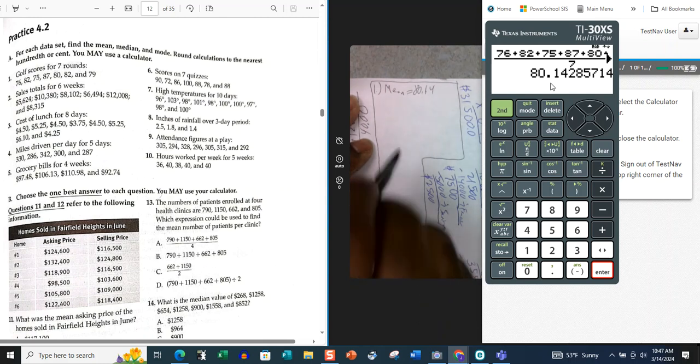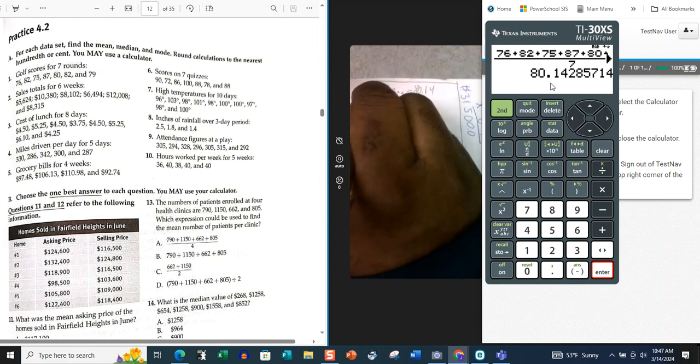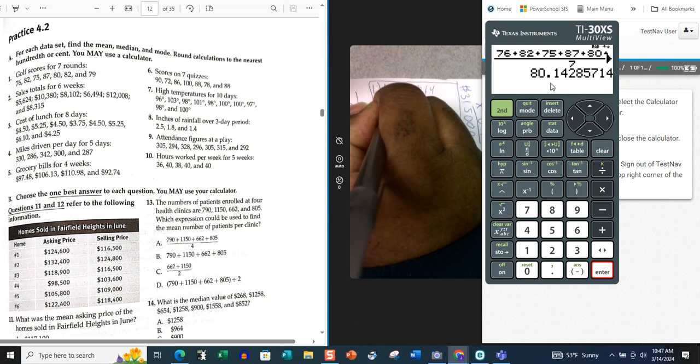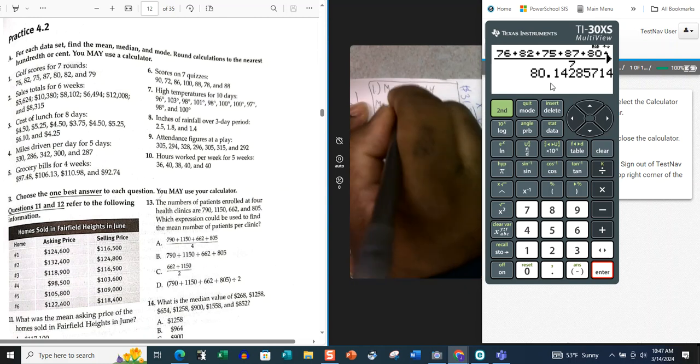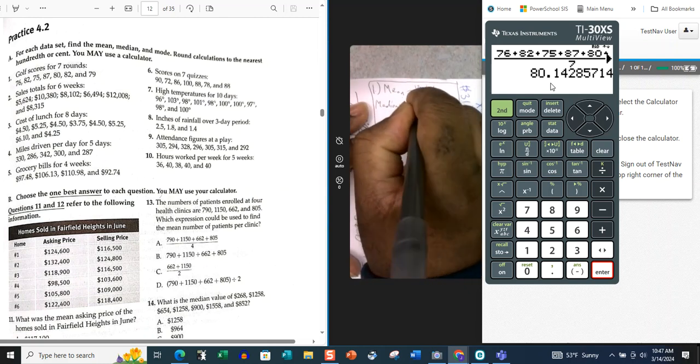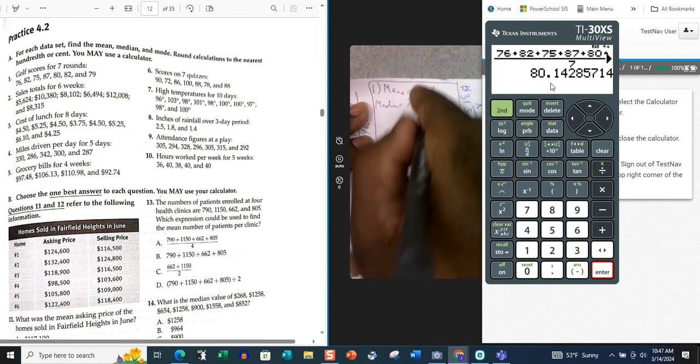Now we have to do the median. For the median, the first thing we need to do is organize these numbers. So the lowest number here is 75. The second number is 76. The third number is 79.